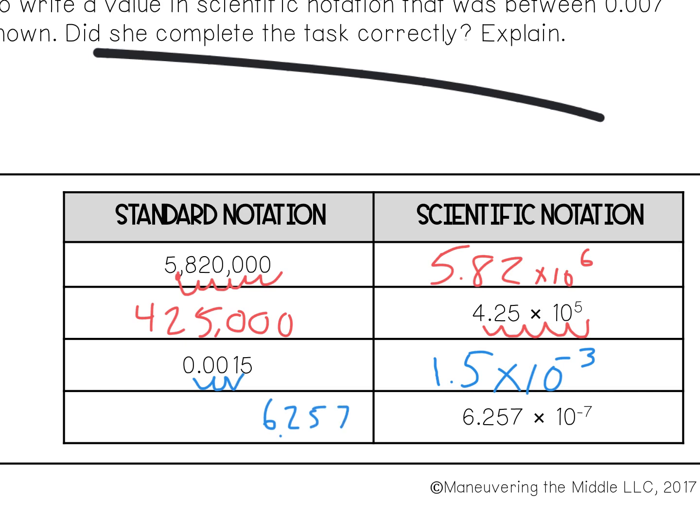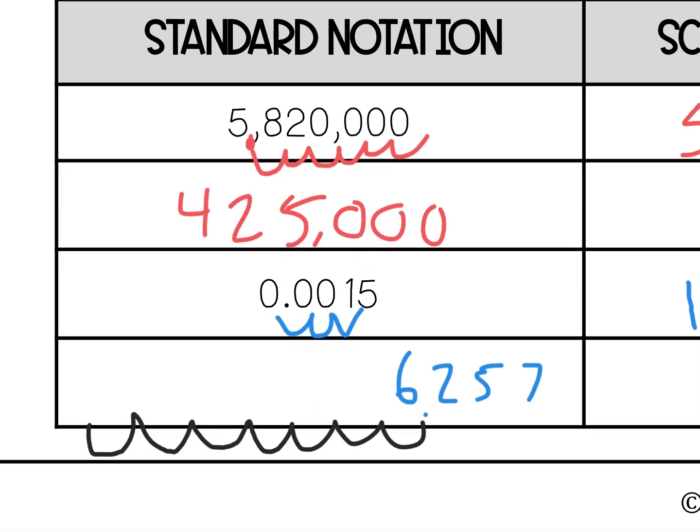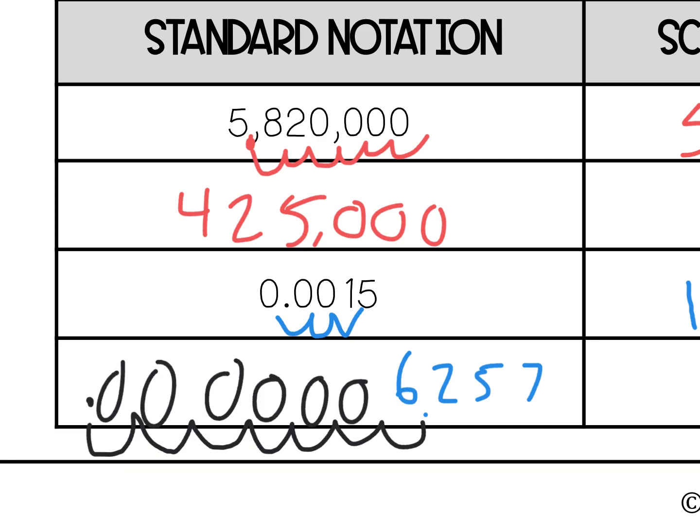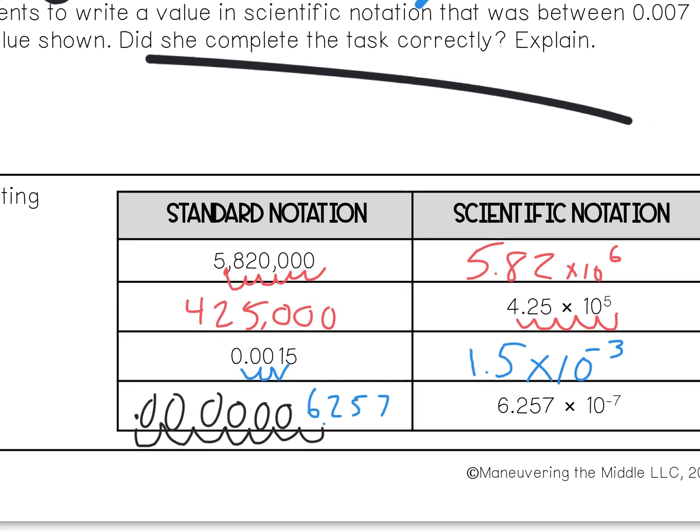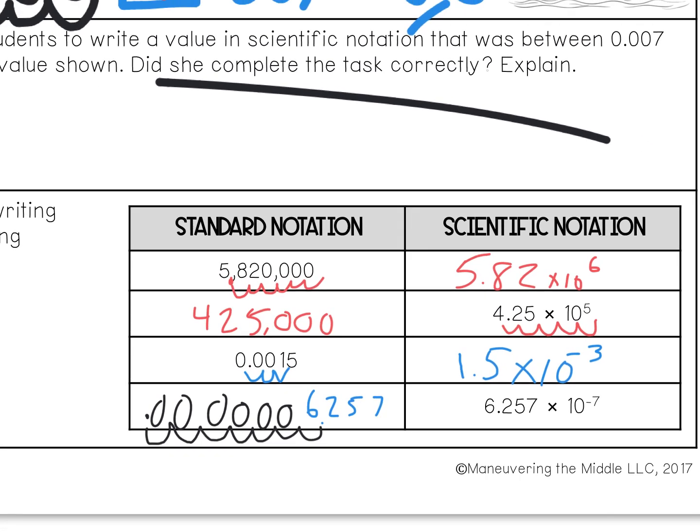I need to move the decimal how many times? 7. So 1, 2, 3, 4, 5, 6, 7. So I've got my decimal. 1, 2, 3, 4, 5, 6, 7. Is that okay? Okay, try the assignment.